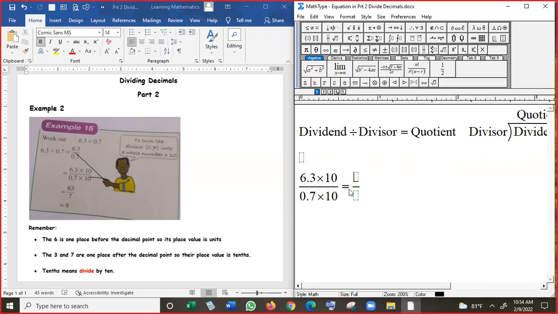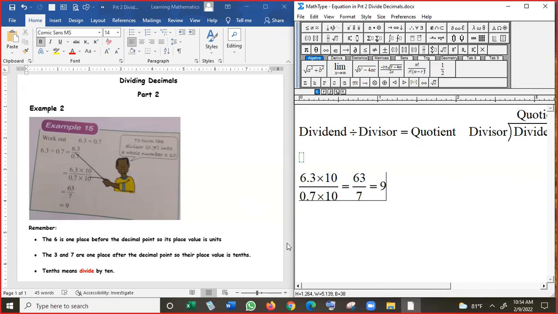So we have 63 divided by 7. 63 divided by 7. And we all know 63 divided by 7 will give us 9. So that's what you do when your divisor is a decimal.